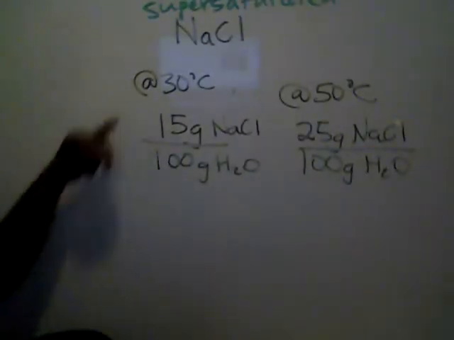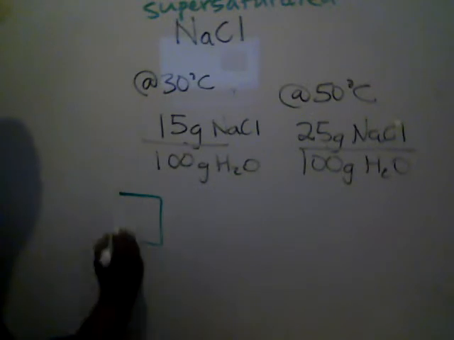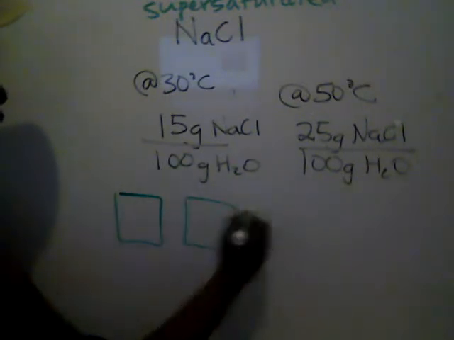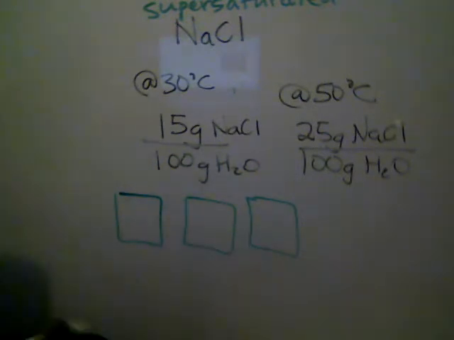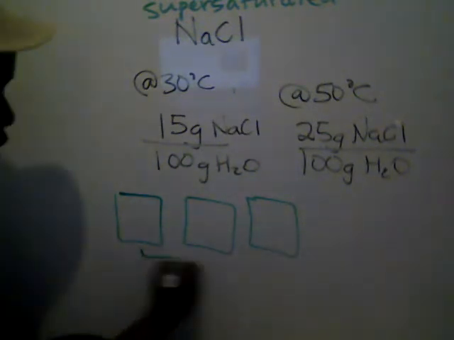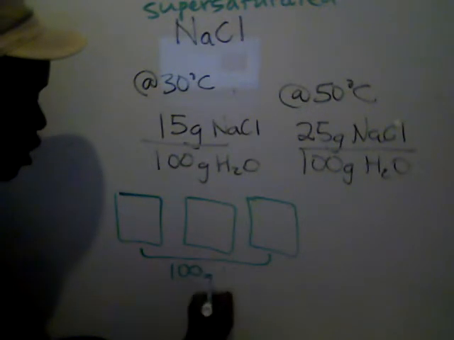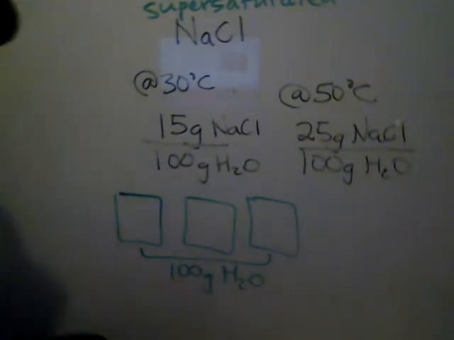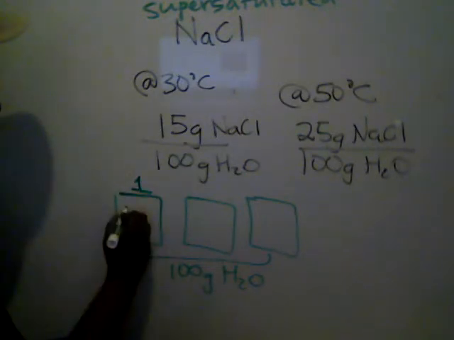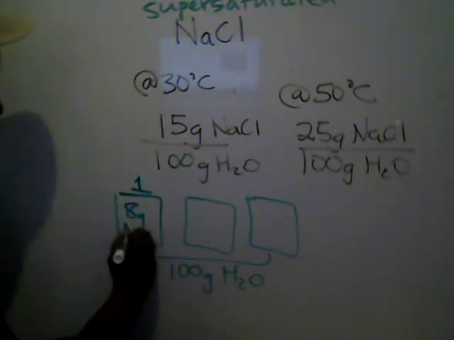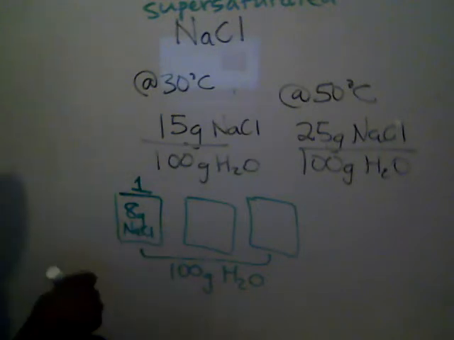So let's actually do an example. Let's say we're at 30 degrees and we have 3 containers. In each of these containers we have 100 grams of water, so they all have the same amount of water. In container 1 we put 8 grams of NaCl and mix it with 100 grams of water.